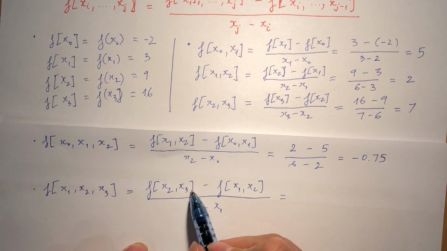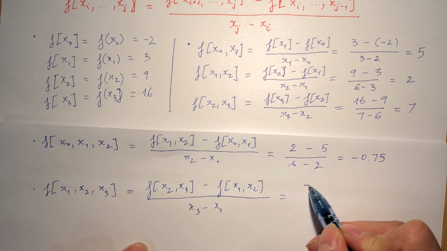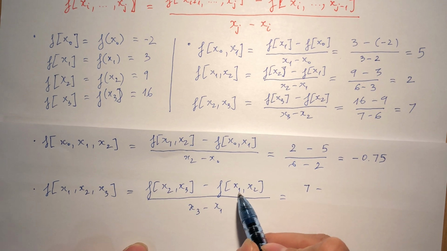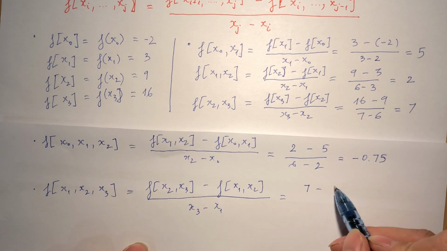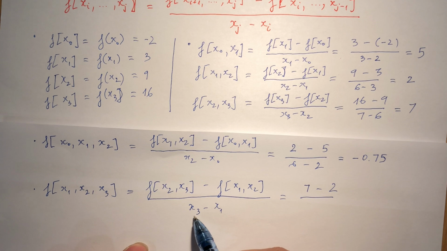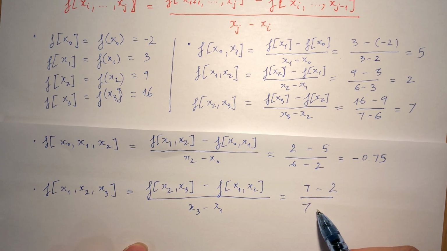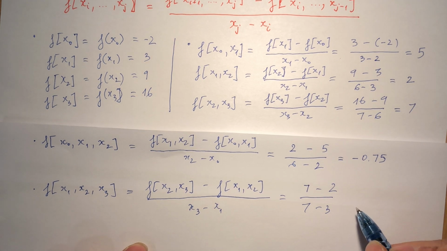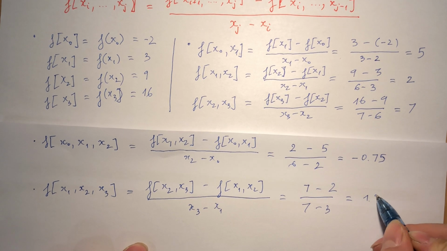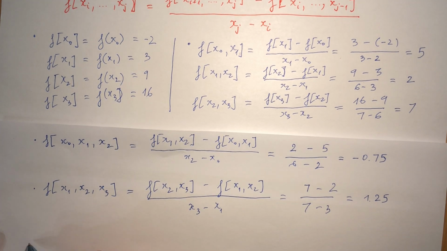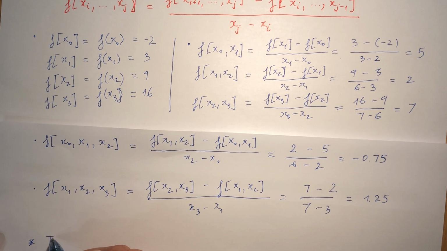So f[x2, x3] is 7, f[x1, x2] is 2, x3 is 7, x1 is 3. This one gives the answer 1.25. Right. So this is the second derivative. Now the third derivative.